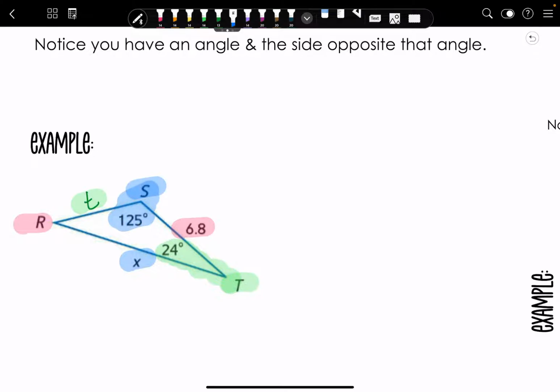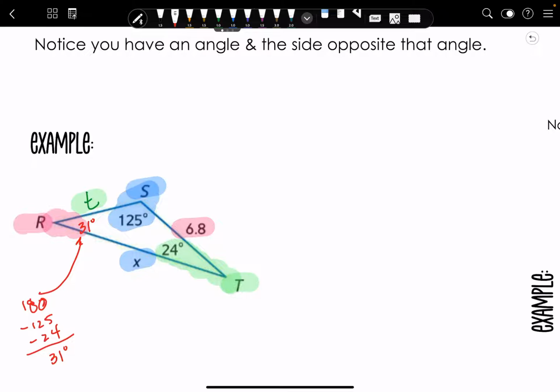Now, we can figure out this third one because we know that a triangle adds up to 180. So if I subtract 125 and also subtract 24 from 180, then I end up getting 31 degrees. And that's what angle R is.